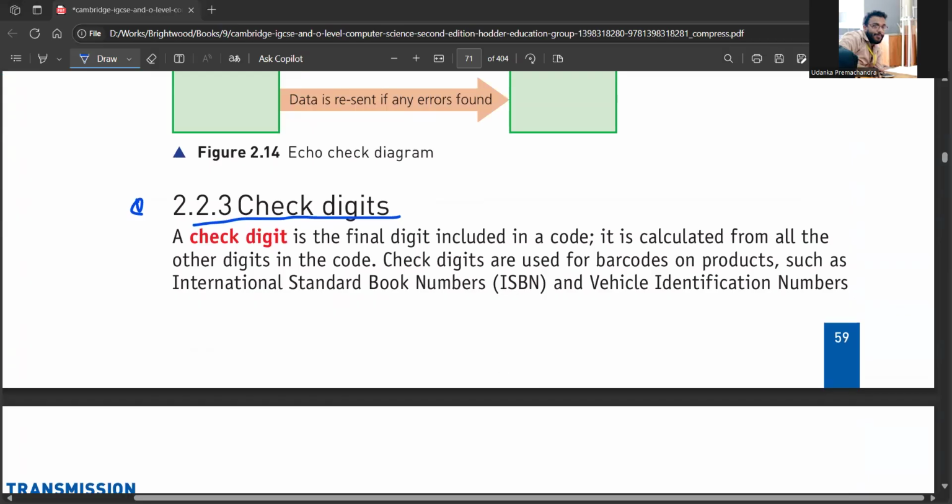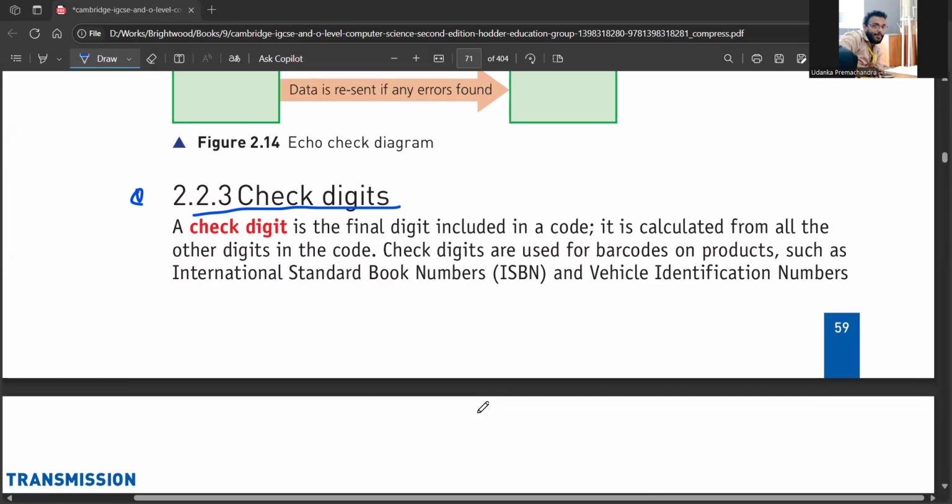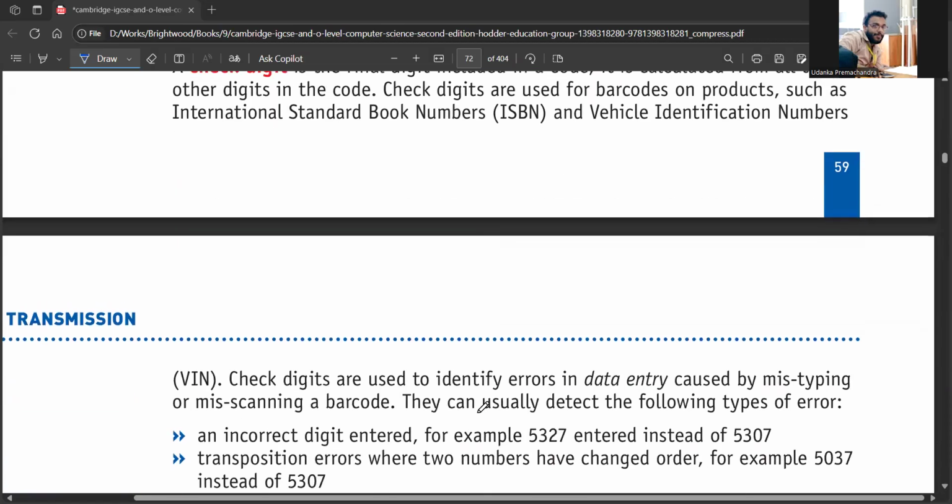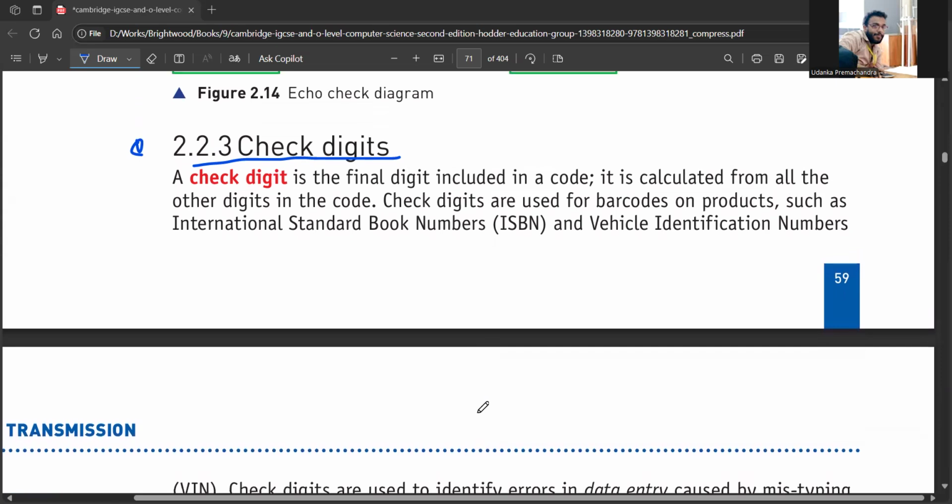It is calculated from all the other digits in the code, so that it can be checked. These are used for barcodes or products such as International Standard Book Numbers, ISBN, and Vehicle Identification Numbers, VIN. So normally a check digit is the final digit included in the code. It may be an ISBN, or it can be a barcode.